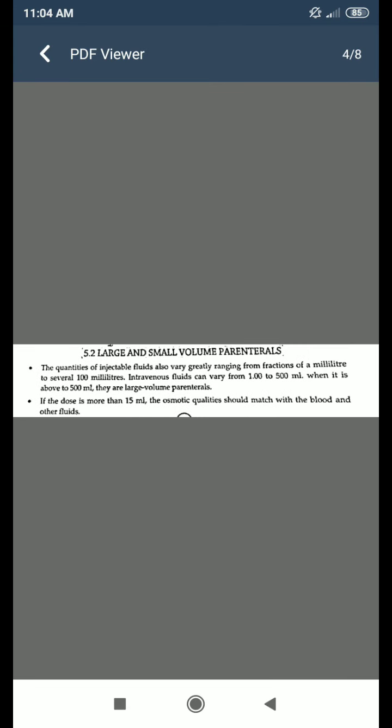Then large and small volume parenterals. Large volume parenterals are also called LVPs, and small volume parenterals are also called SVPs.